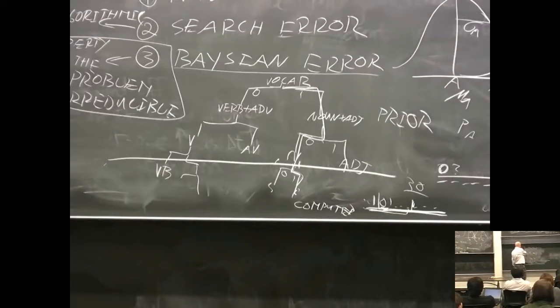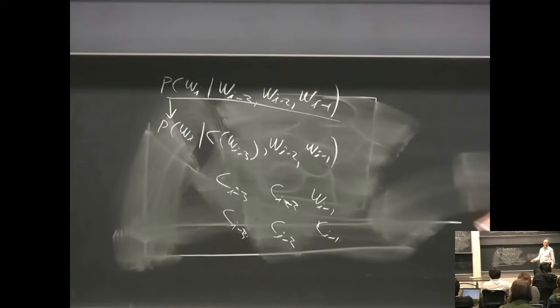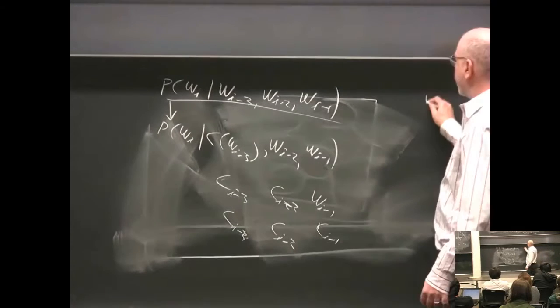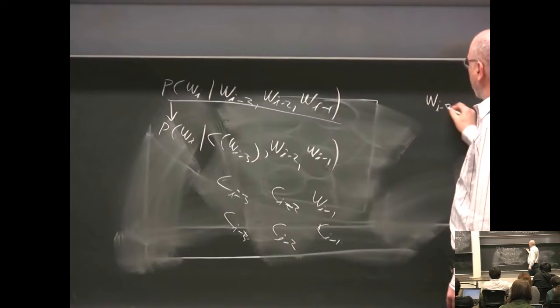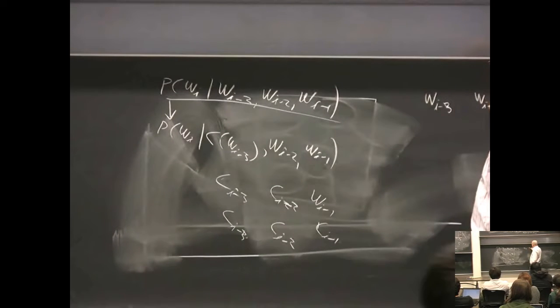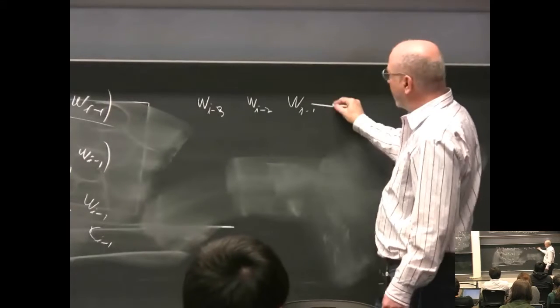If I want to represent the full word-based 4-gram with some kind of graph that describes the generative story, I would say there was a word w_{i-3}, and there's w_{i-2}, and w_{i-1}, and then the word w_i depends on w_{i-1}.